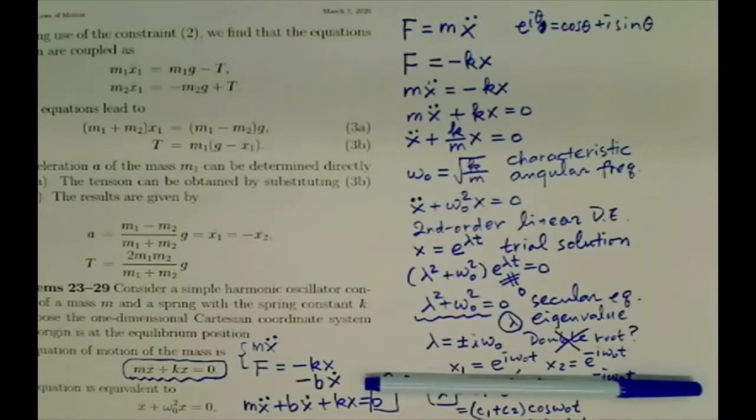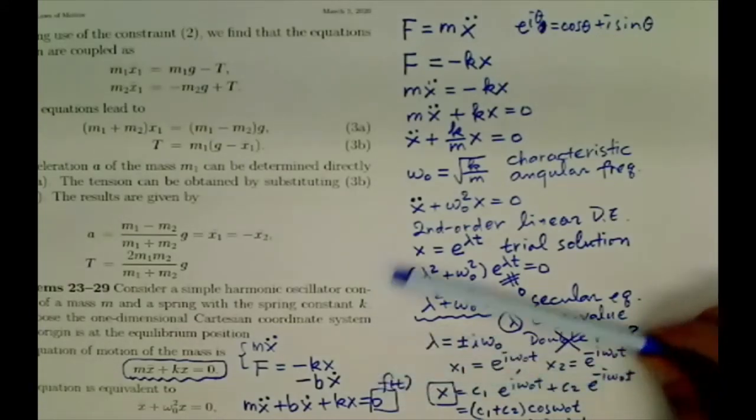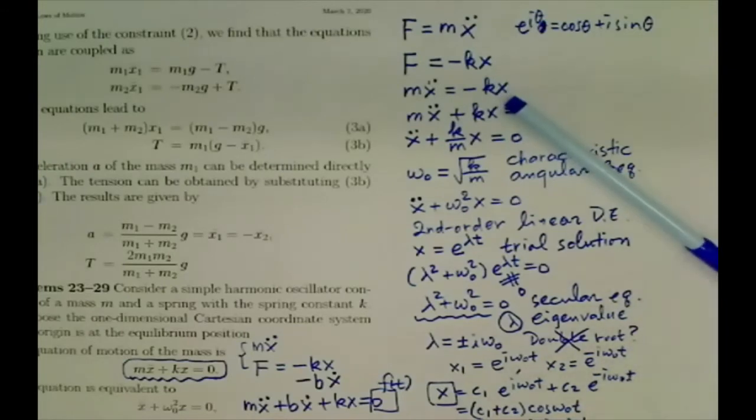If omega 0 is 0, then lambda equals 0. If omega 0 equals 0, then k is 0. k equals 0 means that there is no spring at all. That means acceleration is 0, which means constant motion.